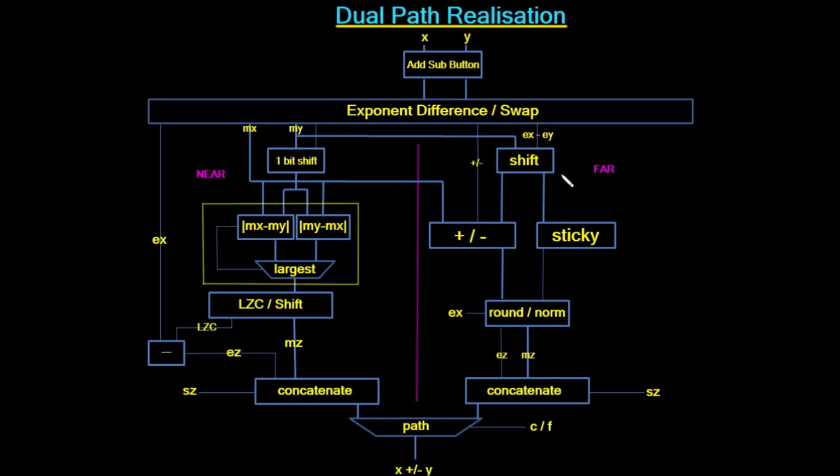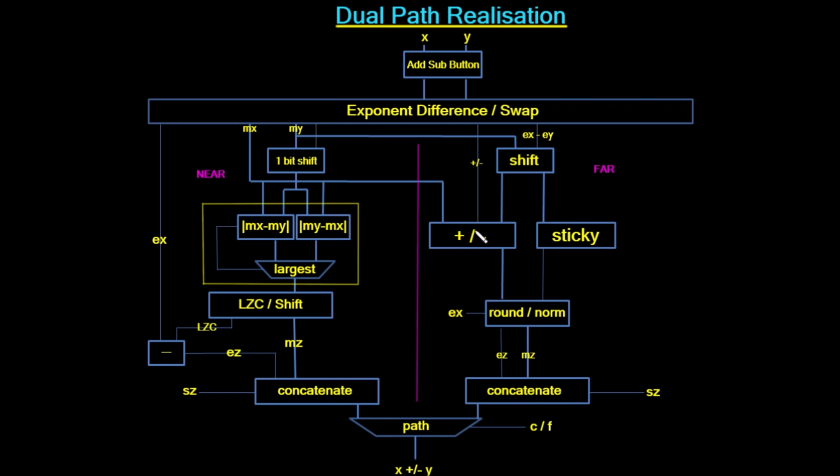Now on the right hand side here, we're going to have all of the other options. So in all of the other options, we take a copy of the mantissa for x, because we're assuming that the mantissa for x is the largest value, because it has been swapped here in order to ensure that that is the case.